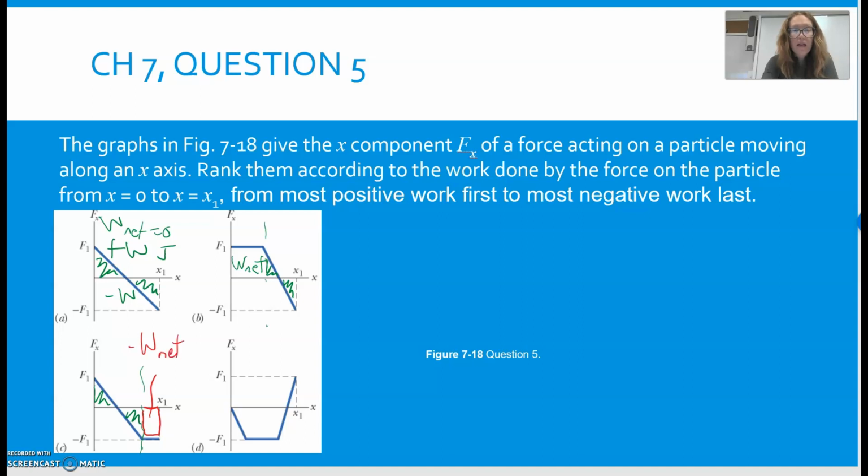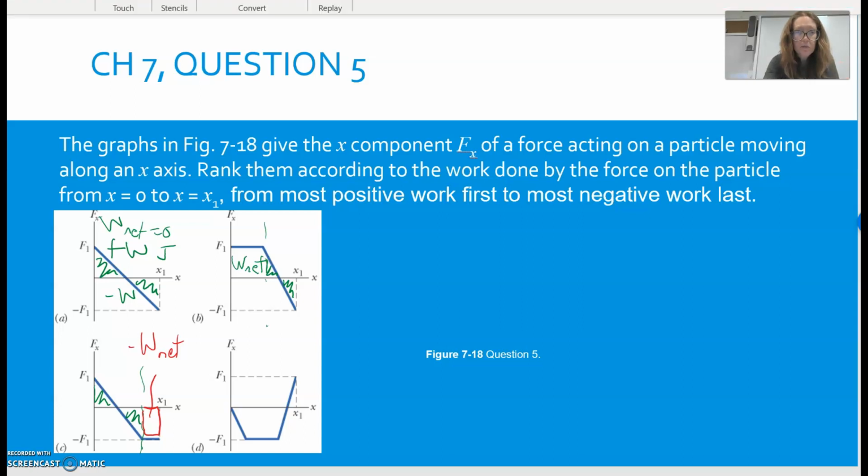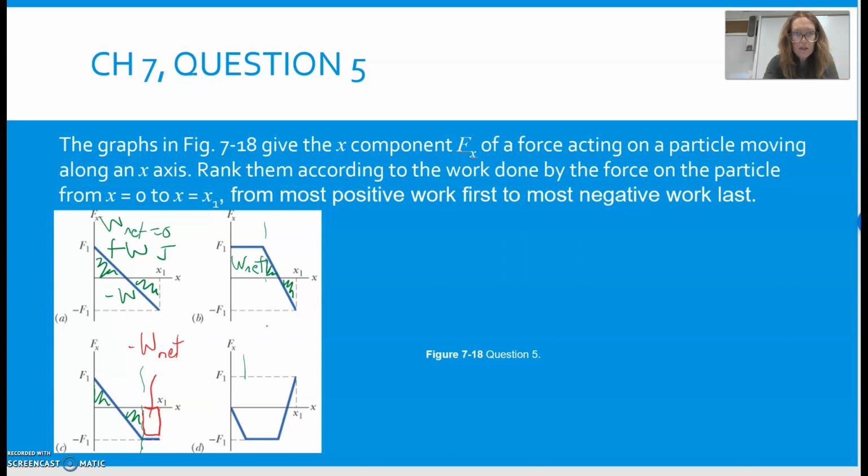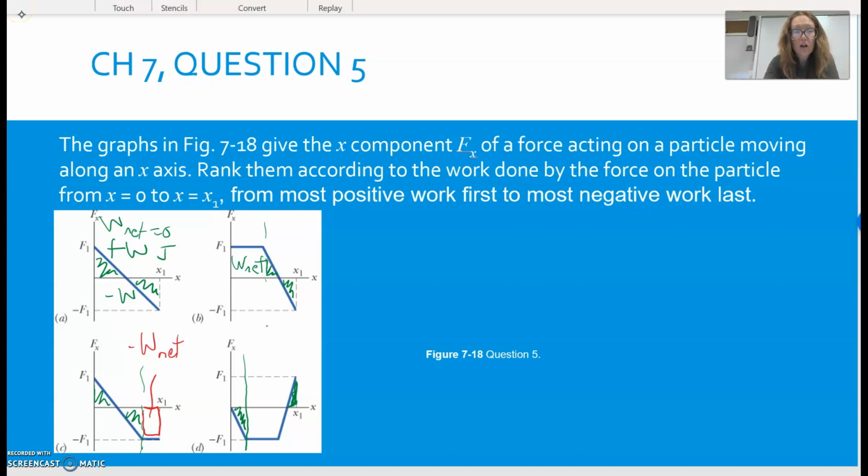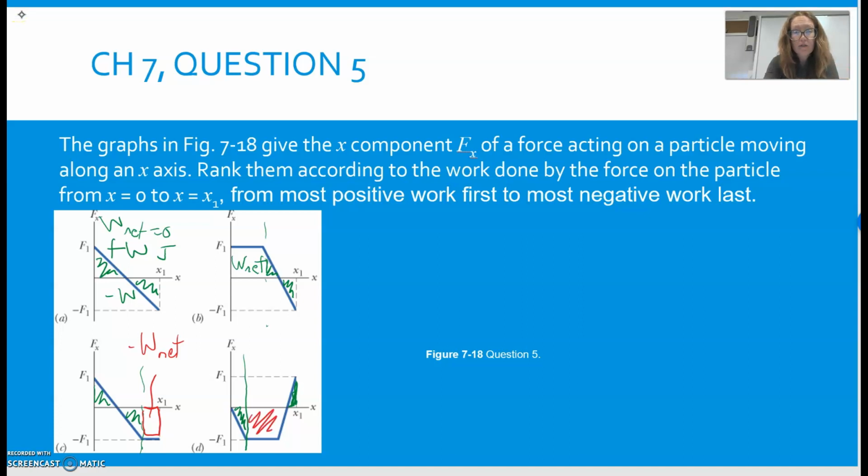And then last one, D, if I switch back here, it looks to me a little bit like this triangle cancels maybe with this positive one, and that leaves me with a larger negative rectangle here.